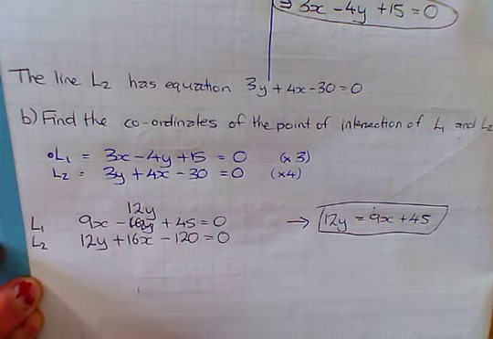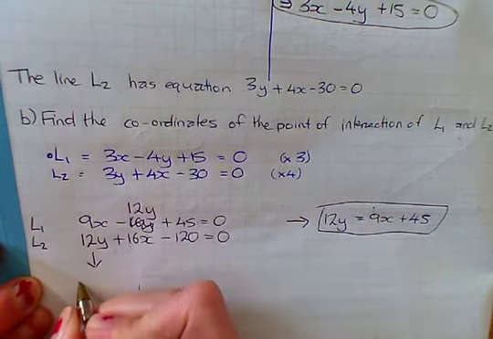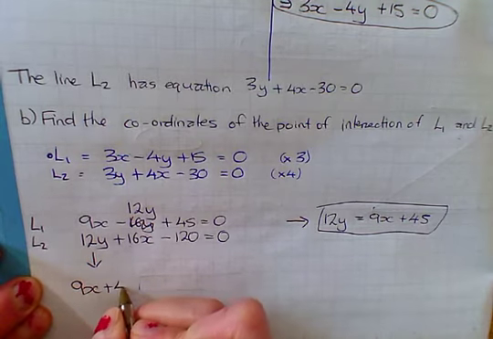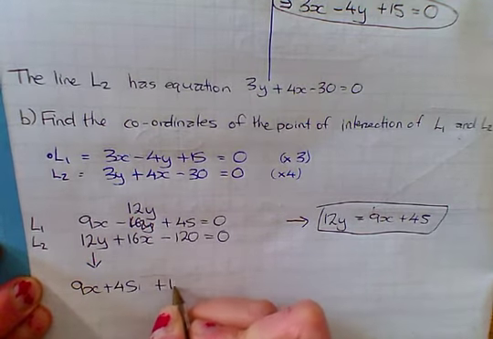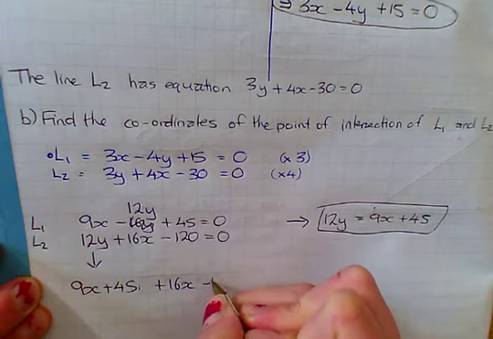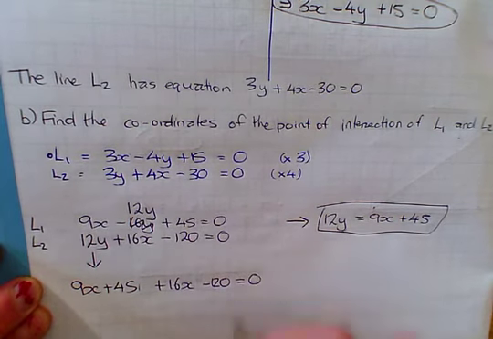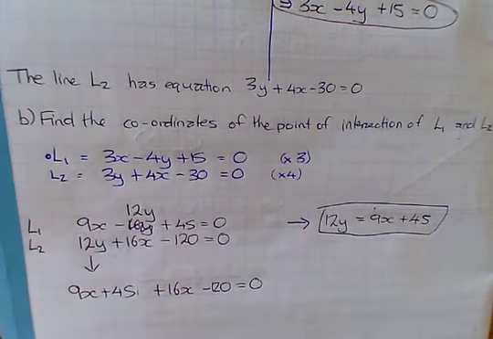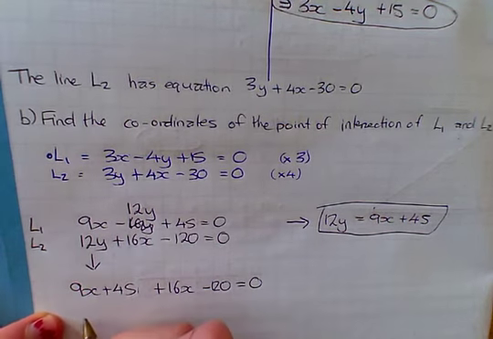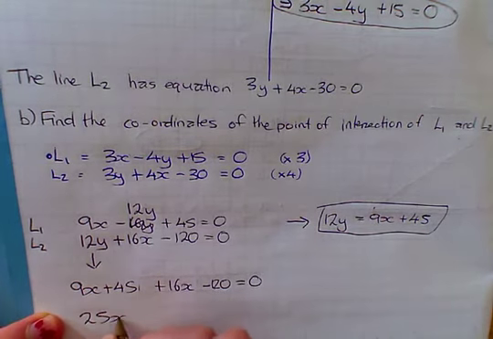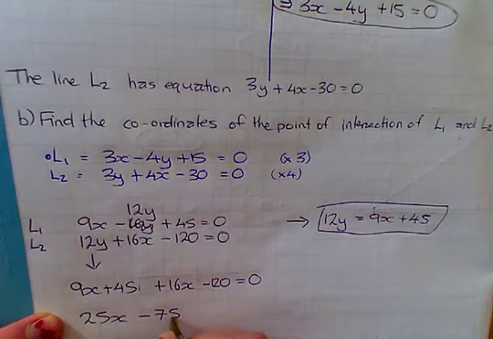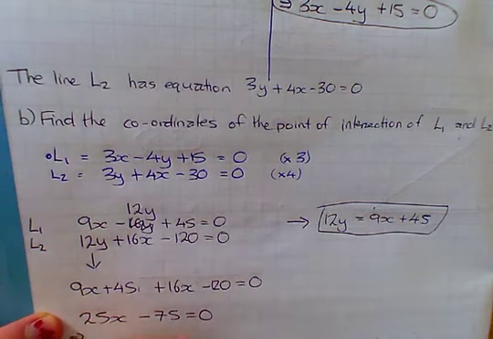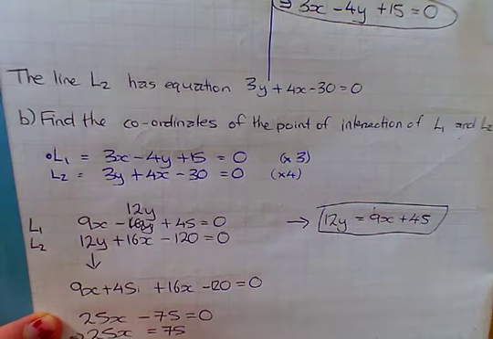So instead of this 12y, I'm going to write 9x plus 45 plus 16x minus 120 is equal to 0. If I collect like terms here, I have got 25x minus 75 is equal to 0. And then we can say 25x is equal to 75, which means that x is equal to 3.